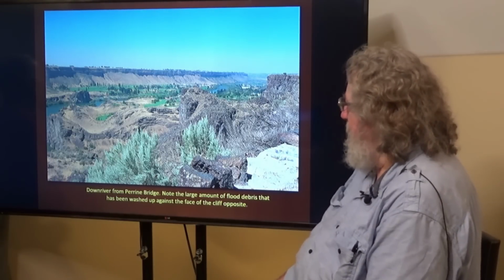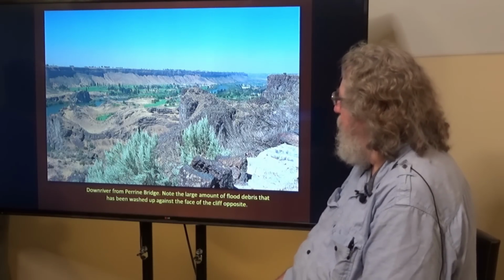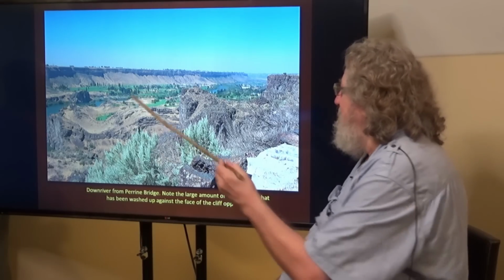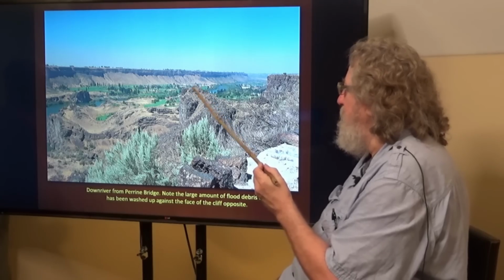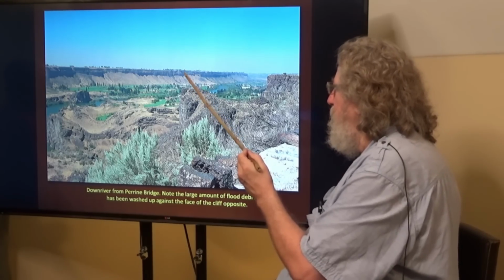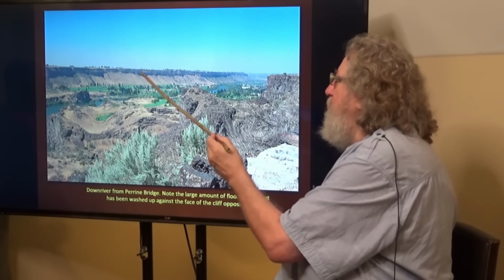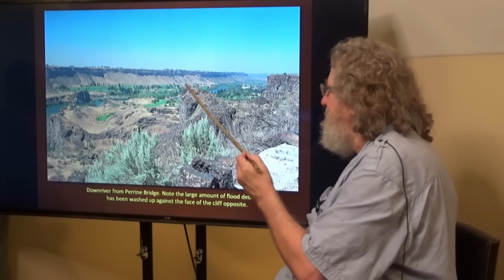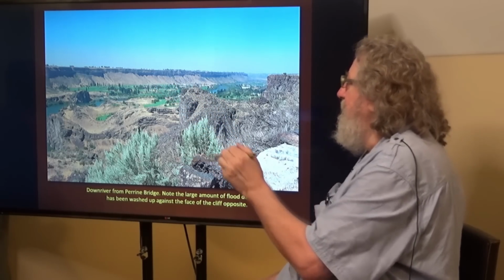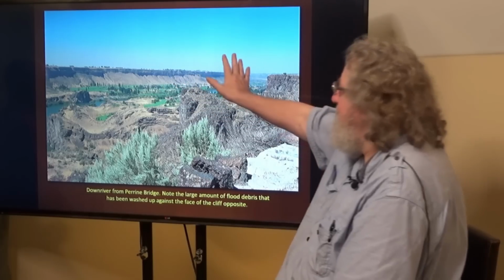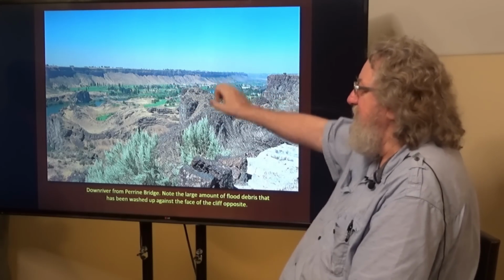Downriver from Perrine Bridge, note the large amount of flood debris that has been washed up against the face of the cliff opposite. This is not talus in the usual sense. You'll notice that the cliffs are vertical. They have not receded in order to contribute to the formation of this. This is material that was in the rushing floodwaters that was essentially washed up against this wall in the latter stages of the flood.